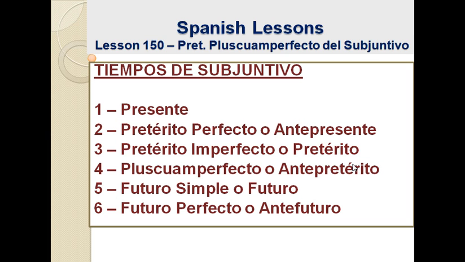Before beginning with modo subjuntivo, we learned about 16 different conjugation tenses of the modo indicativo, right? The modo indicativo is the group of conjugations we actually use for speaking daily and writing.